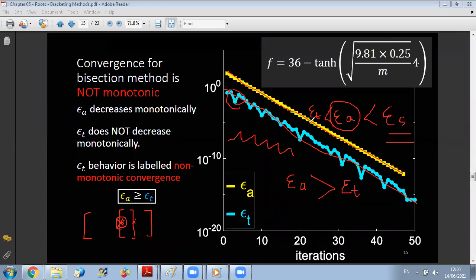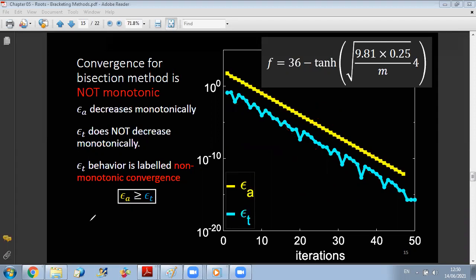Now, the maximum deviation between the approximate and the true error will be when you have your root close to the center. While if your root is close to the end, to one of the two brackets, then the true error will be close to the approximate error. We will see why the approximate error is always larger than epsilon true.